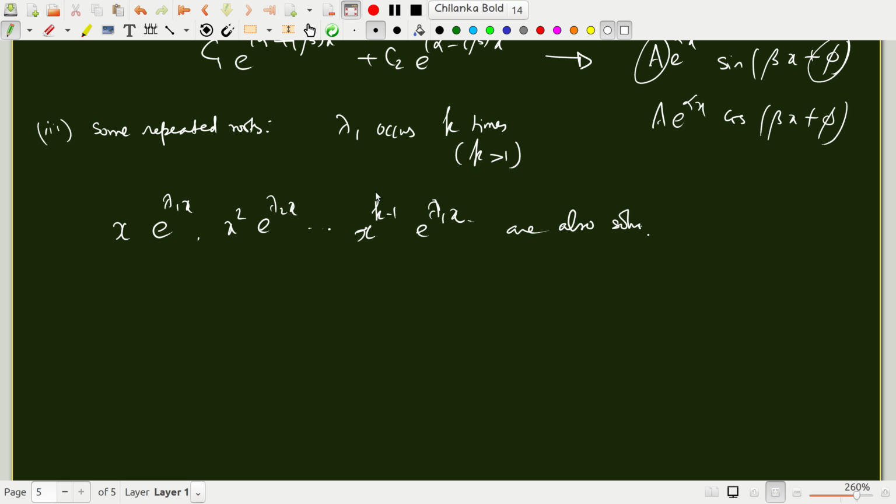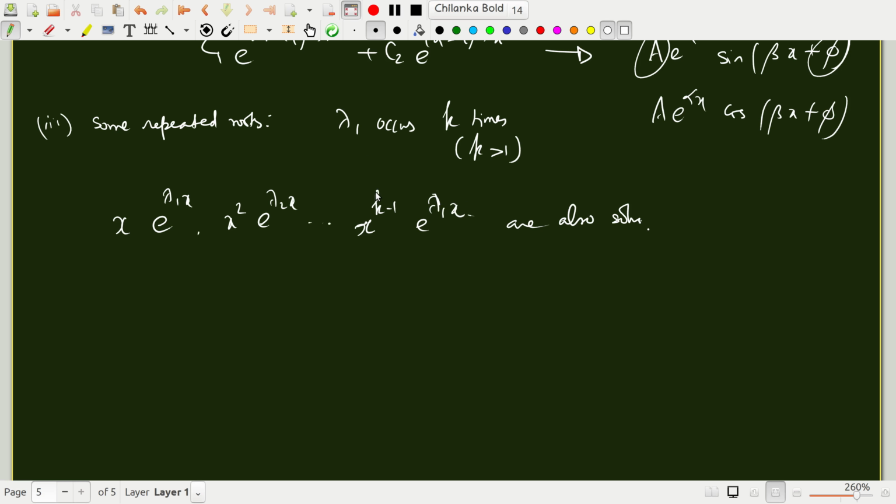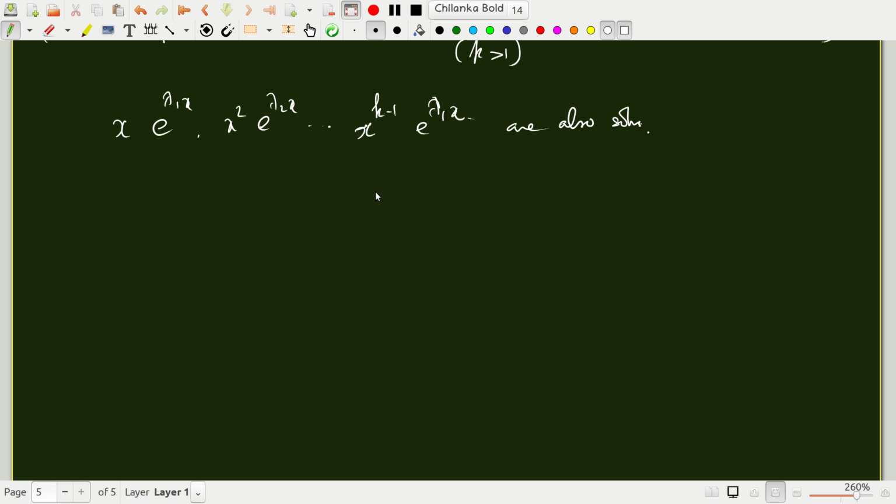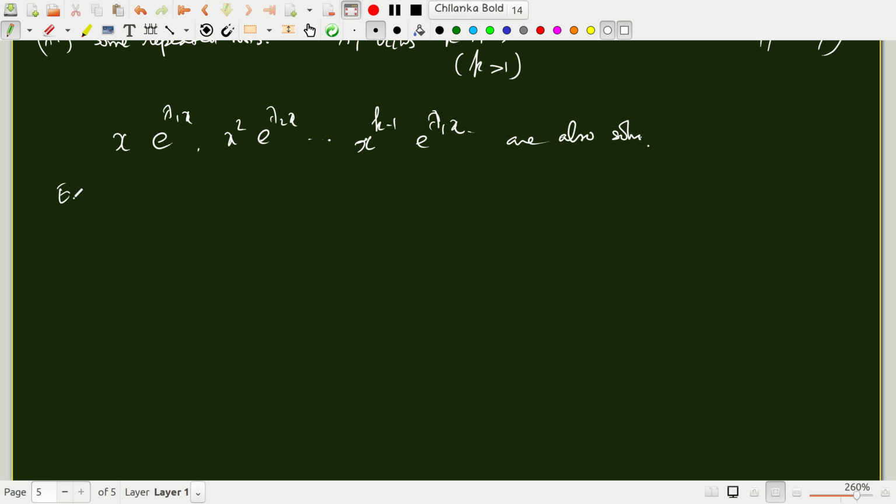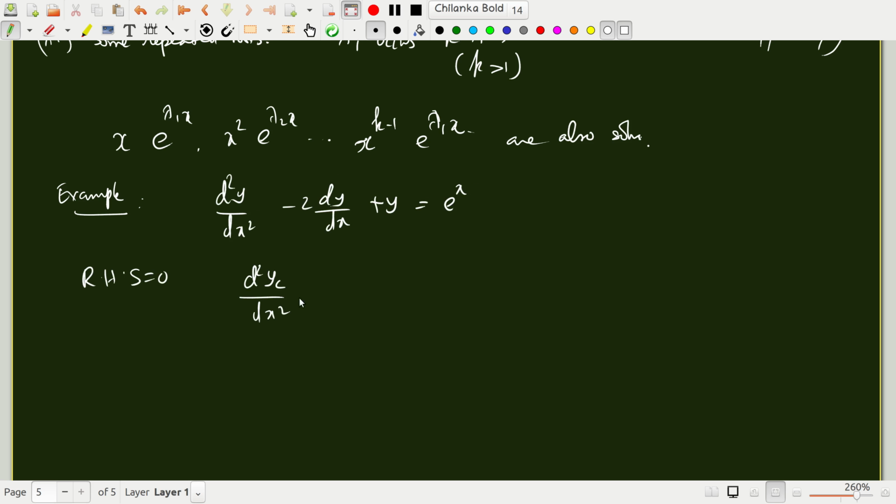Now let's do one example. Find the complementary function of the given equation. To find the complementary function, the right-hand side must be set to 0. So d^2 y_c/dx^2 minus 2 dy_c/dx plus y_c is 0.